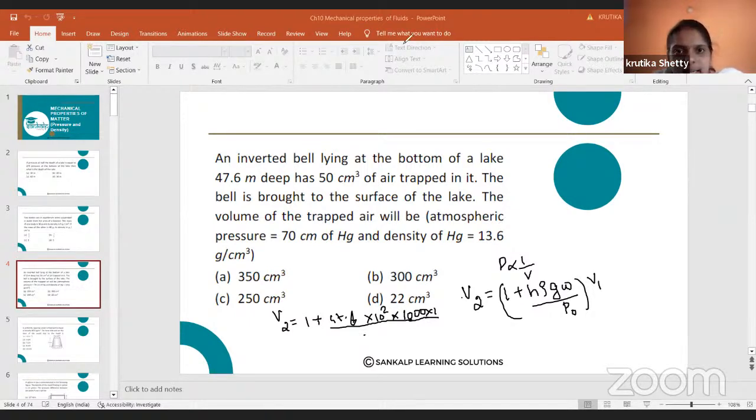How much are they saying? 70 centimeter of Hg, 70 centimeter of Hg.